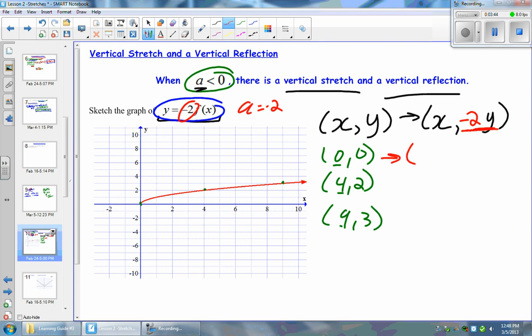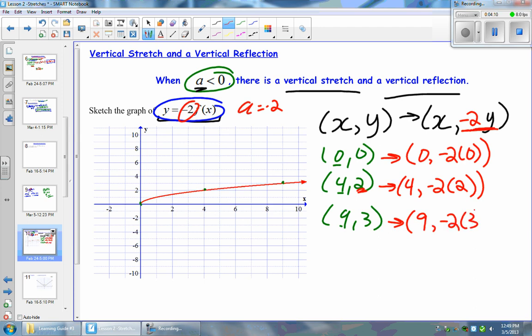So our point (0, 0) is going to become (0, negative 2 times 0). 4 stays the same, and we're going to multiply negative 2 by positive 2. And then finally we have positive 9, comma, negative 2 times 3.